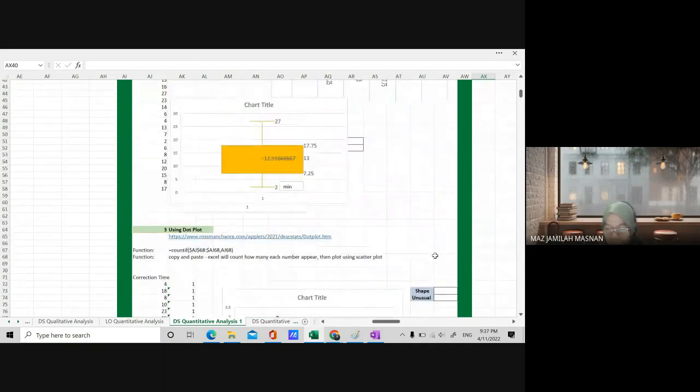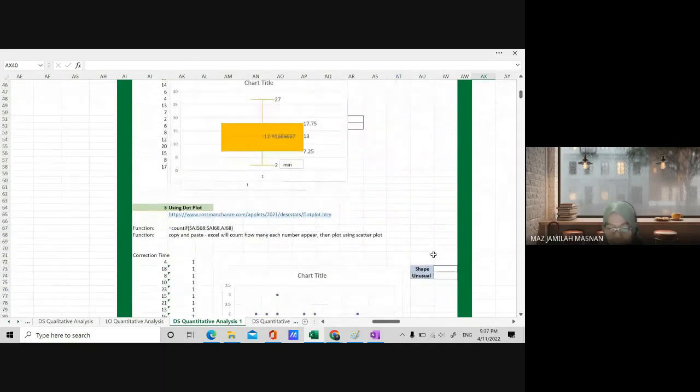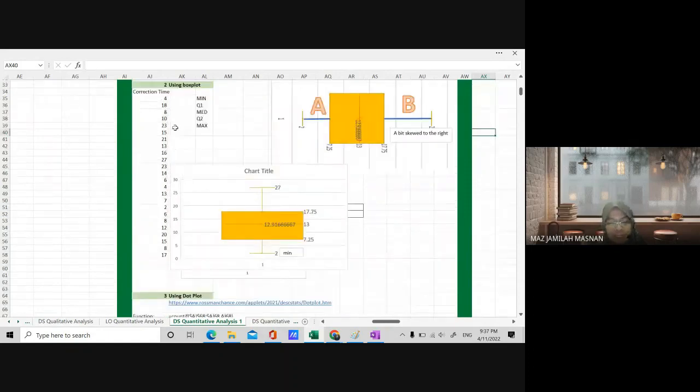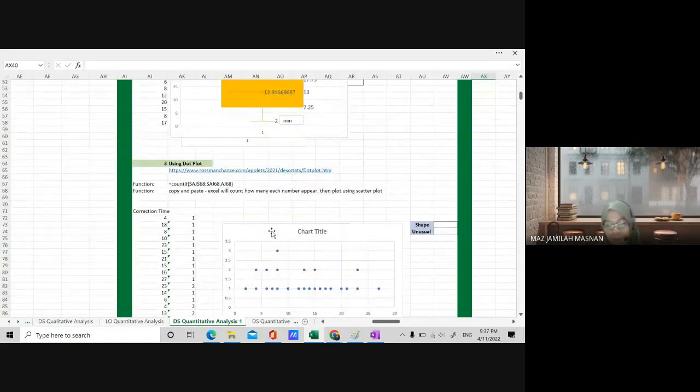Now, before we go to the numerical, I would like to show you how we can use our dot plot. If you go back to your Excel sheet, there is a website, but I have checked that the website is not really helpful. So how can I plot the correction time into a dot plot?